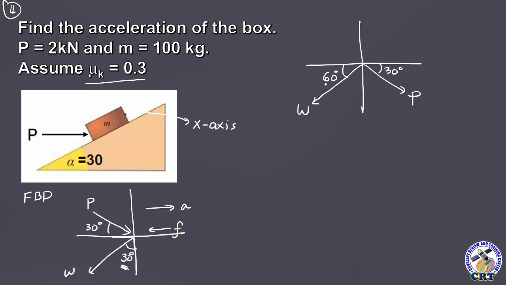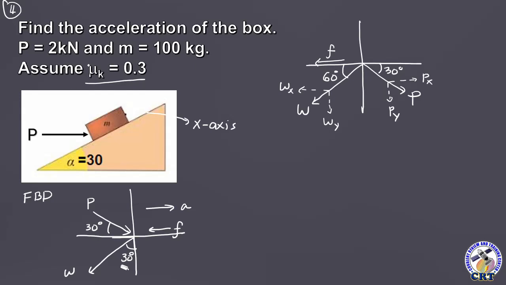That's why this is 60. And frictional force F, let us put here the frictional force F. Okay, so we have Px and we need to consider Py in this example. We have Wx and Wy here.